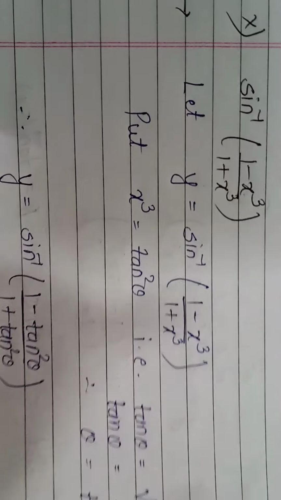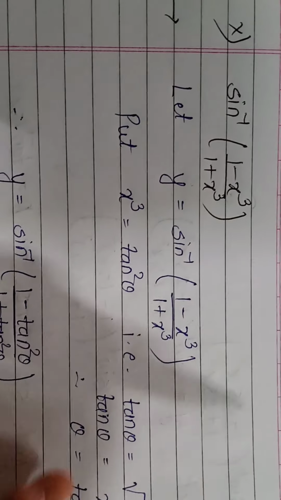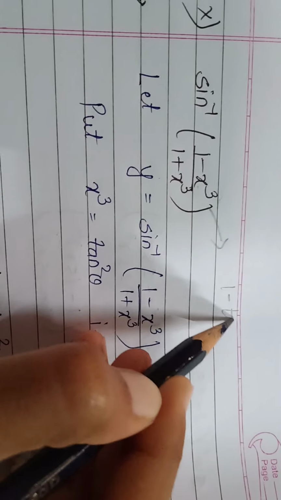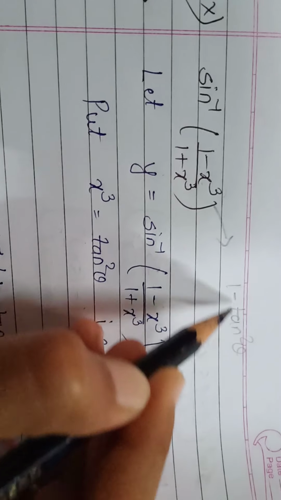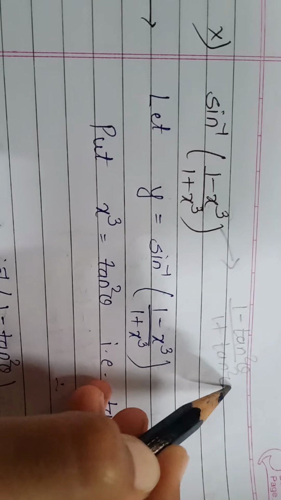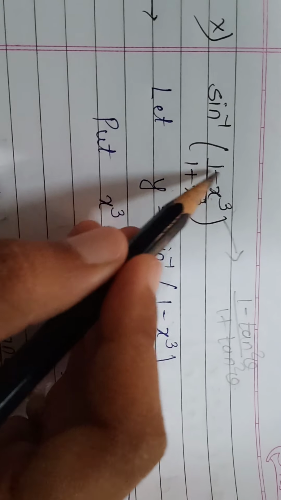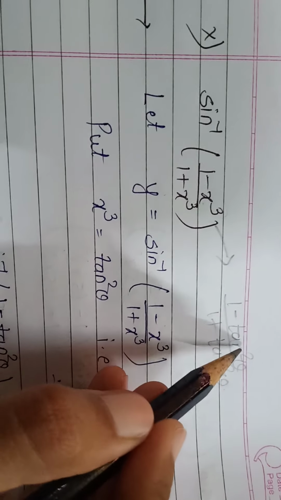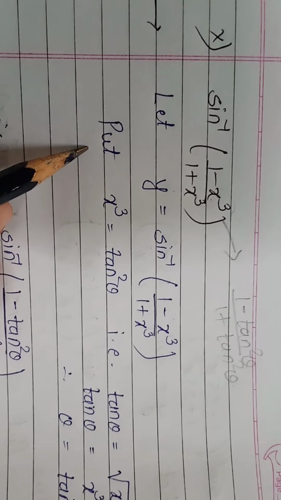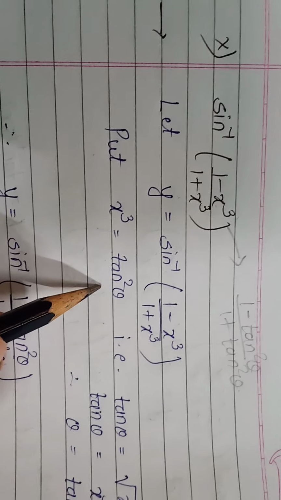So without getting confused, directly see this part can be converted into (1 minus tan square theta) upon (1 plus tan square theta). It means that instead of the whole x cube we want tan square theta, so directly put it like that only. So put x cube equals tan square theta.